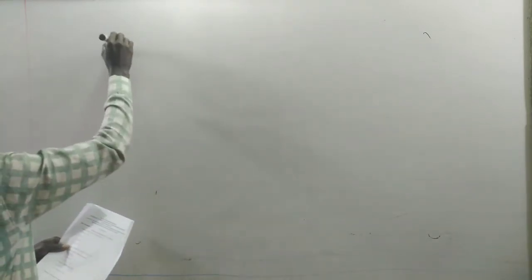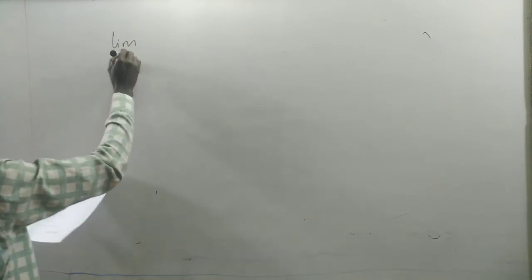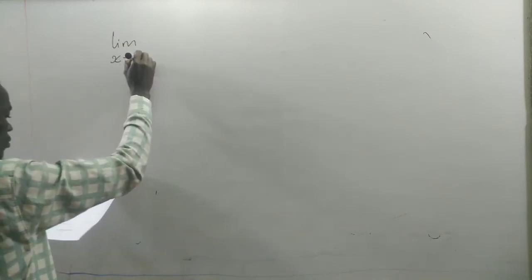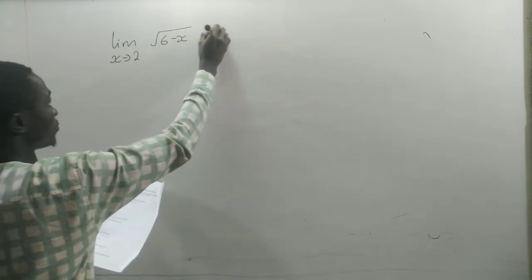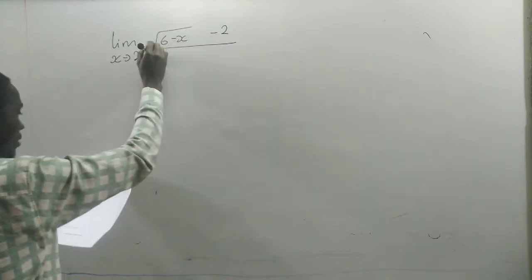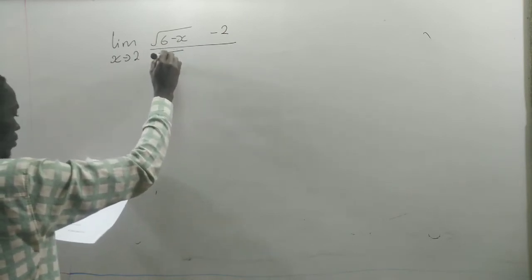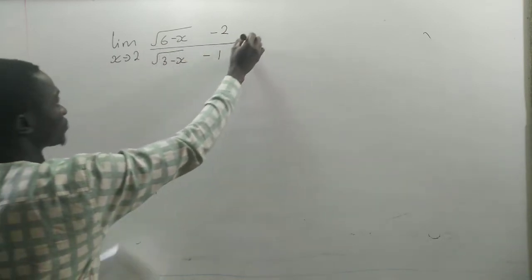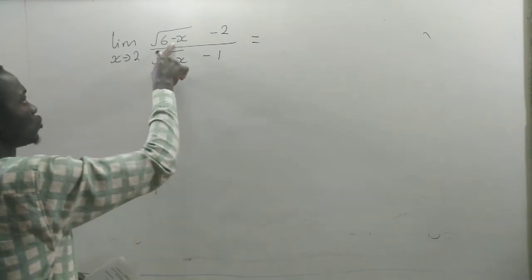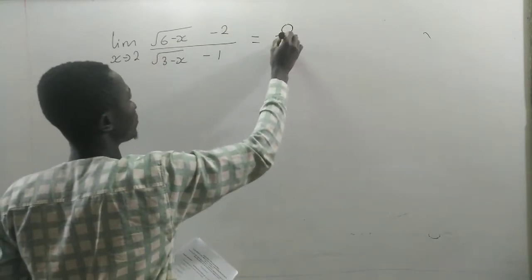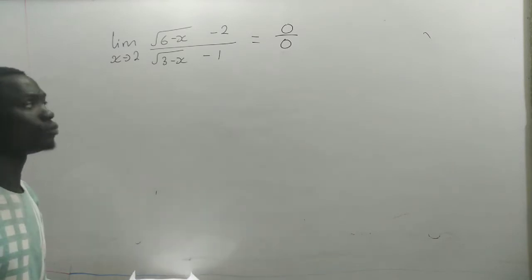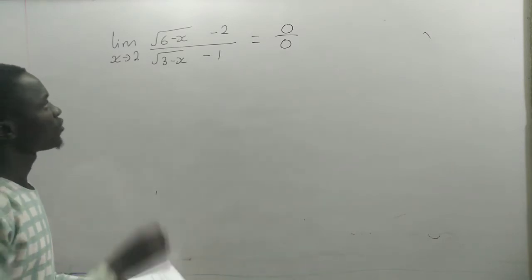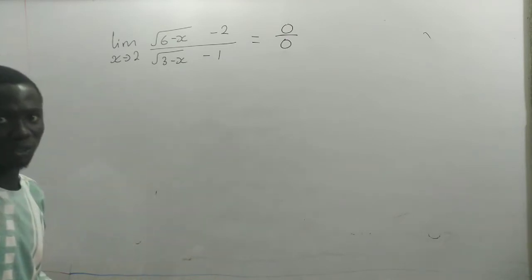So here we have the limit as x approaches 2, square root of 6 minus x minus 2 divided by square root of 3 minus x minus 1. Here, if you put in x equal to 2, you have 0 divided by 0, which is indeterminate, meaning that we have to factorize a common factor out.